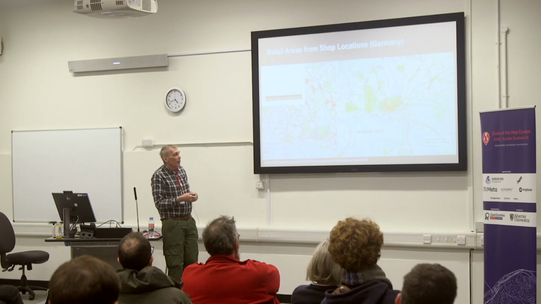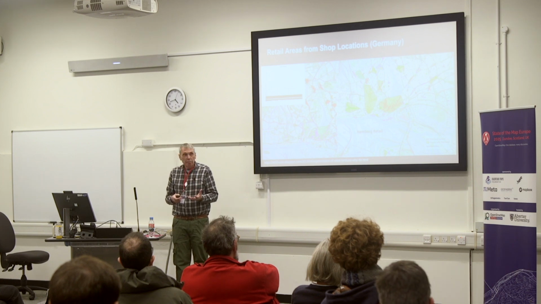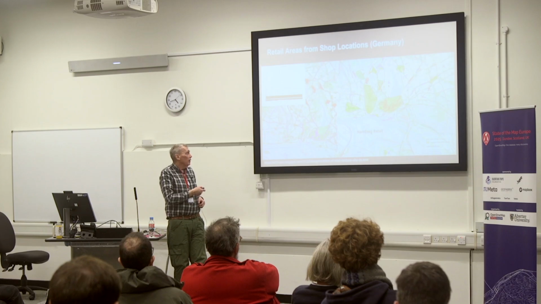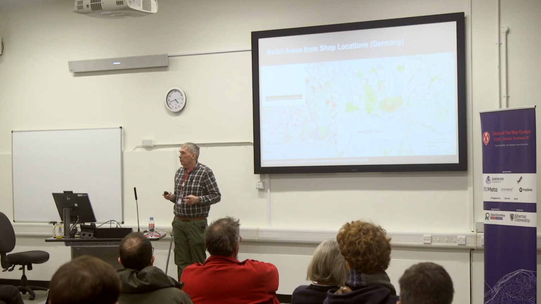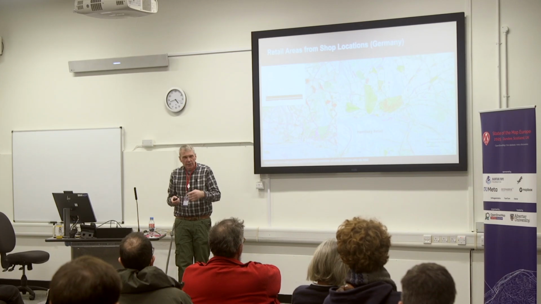So first of all, you find all the retail points of interest. In this case, I found them within grid cells 75 meters square. That's because of my influence of biological recording. Everything's done on grid cells.